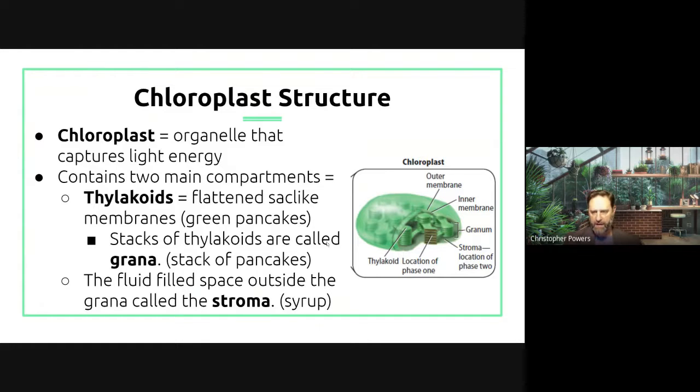This is a granum, the singular, and this is the plural. The fluid-filled spaces outside the grana, sorry, are called stroma. They're basically spaces in between. That's part of the lyric from the song. Space between. Syrup, basically. It's kind of cytoplasmy.